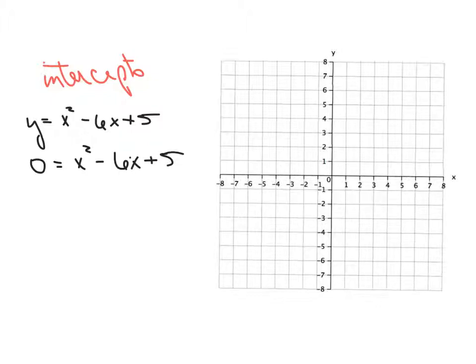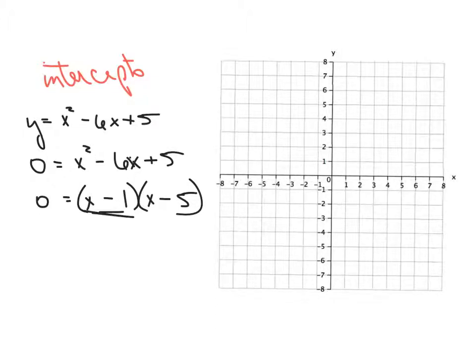There's 6x plus 5. So we can use the quadratic formula, or we can first of all try to factor this. Factoring means factoring it into two binomials, and we find two numbers that multiplied together give us 5 and added give us negative 6.